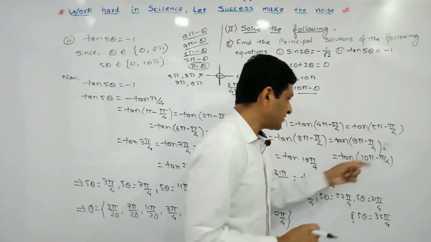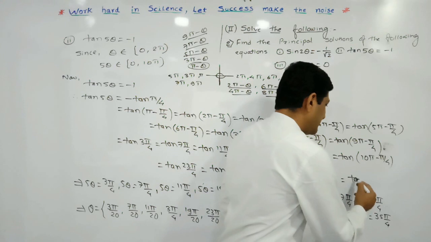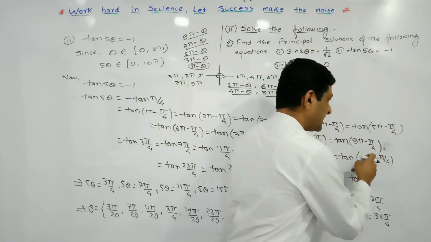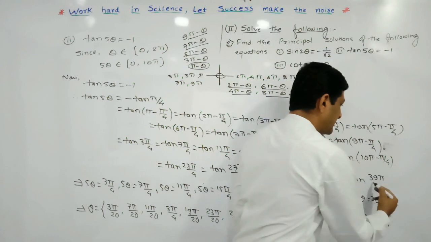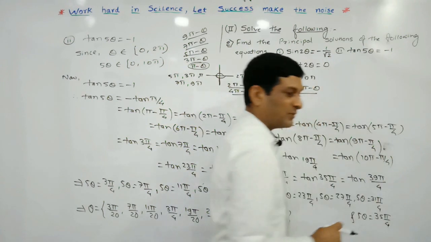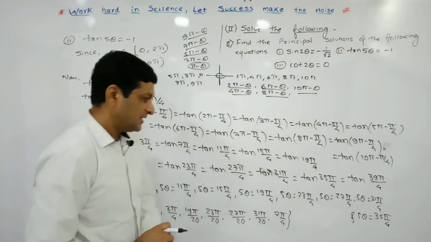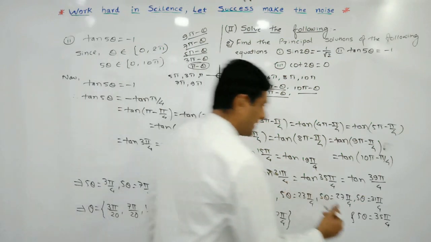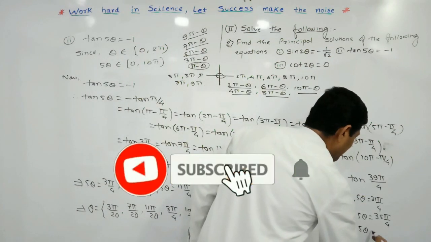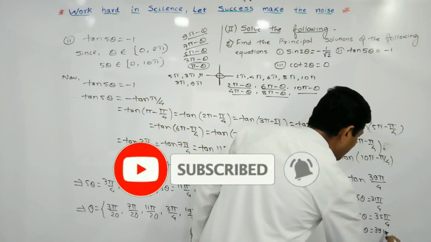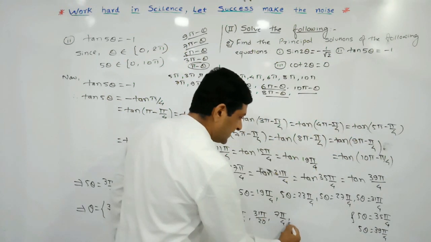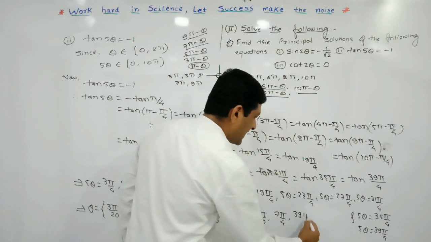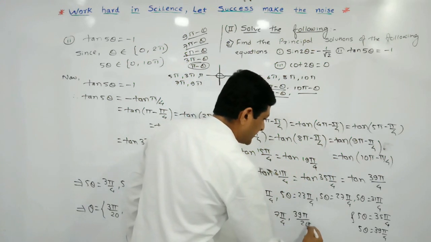And here the last value will be 10. 4 5s are 20, 4 10s are 40. 40 minus 1 will be 39 pi by 4. So here we are getting another value, that is phi theta equal to 39 pi by 4, which means theta is 39 pi upon 20.